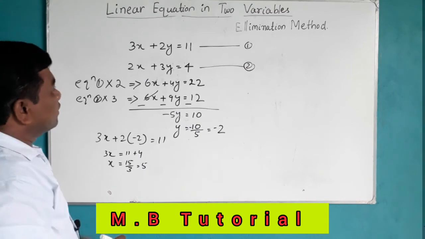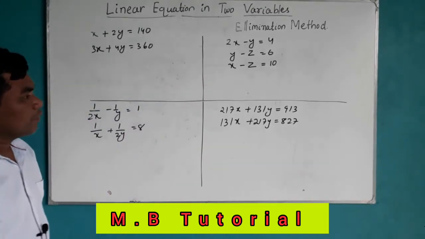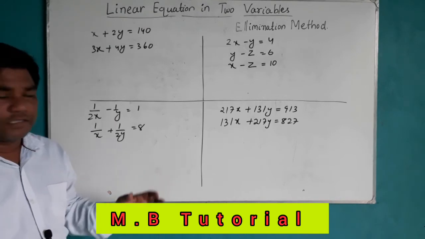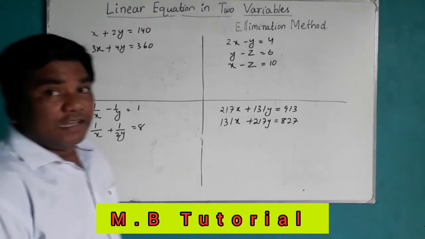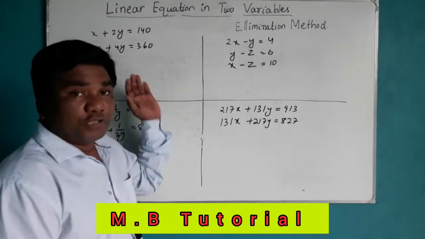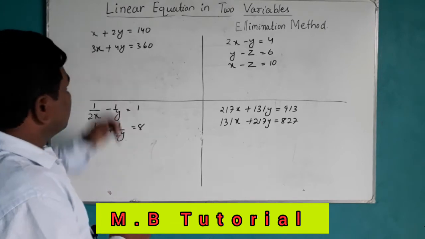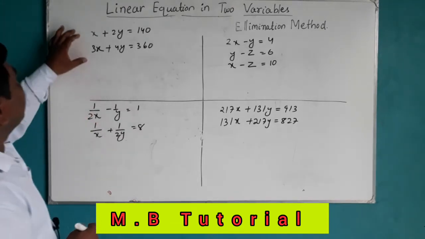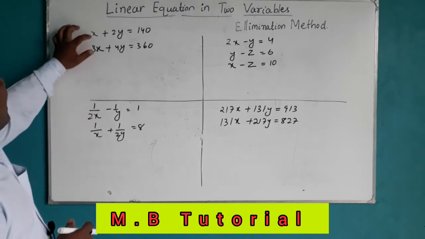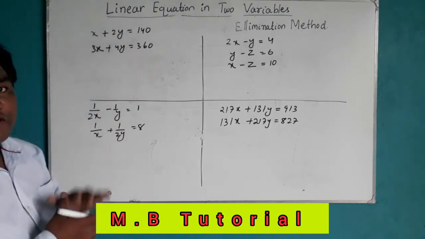Note down these problems. You have to do them in your copy. I am not going to solve all these questions, I am just giving you some hints so that you can do it easily. The first question is x plus 2y equal to 140, 3x plus 4y equal to 360.